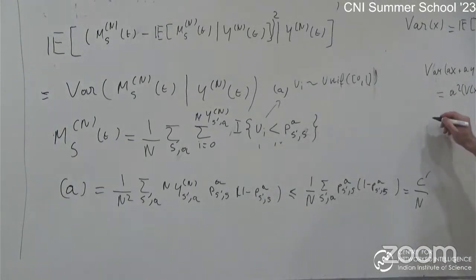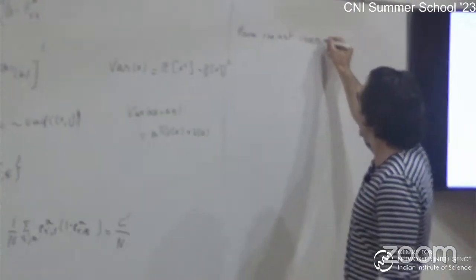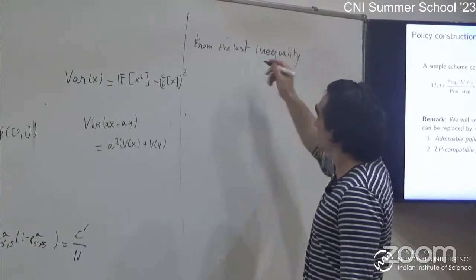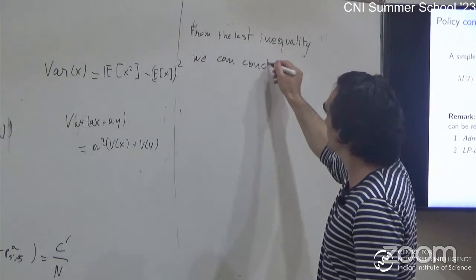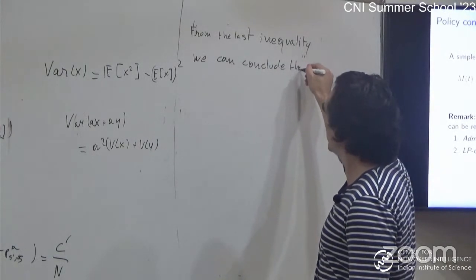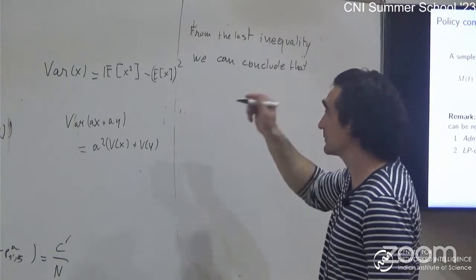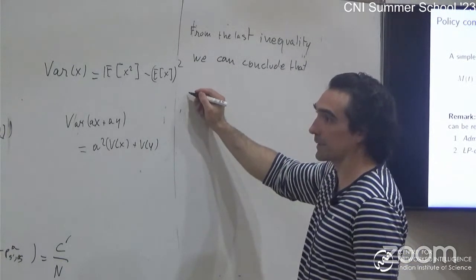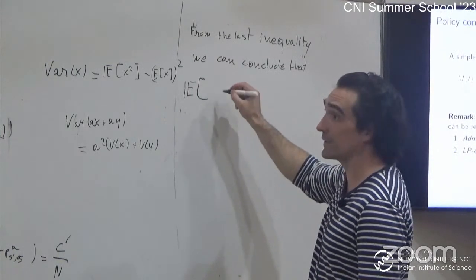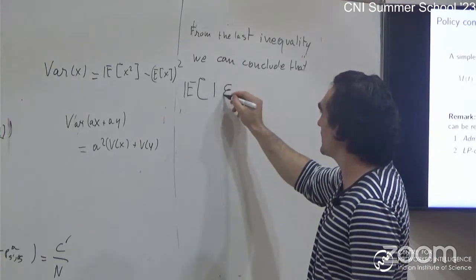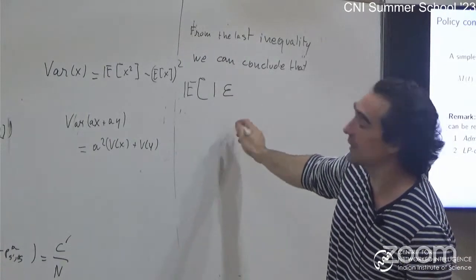We can conclude from the last hypothesis that the expectation, you will have to use Cauchy-Schwarz on this one, of the expectation of the noise.